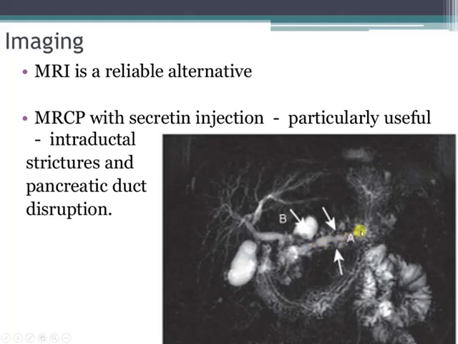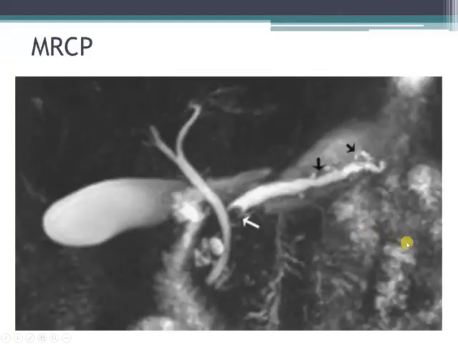Here is an enlarged Wirsung duct. We can see a lot of fibrotic mass and calcifications inside of the pancreas. On this MRI picture we can see a stone that obstructs the Wirsung duct.